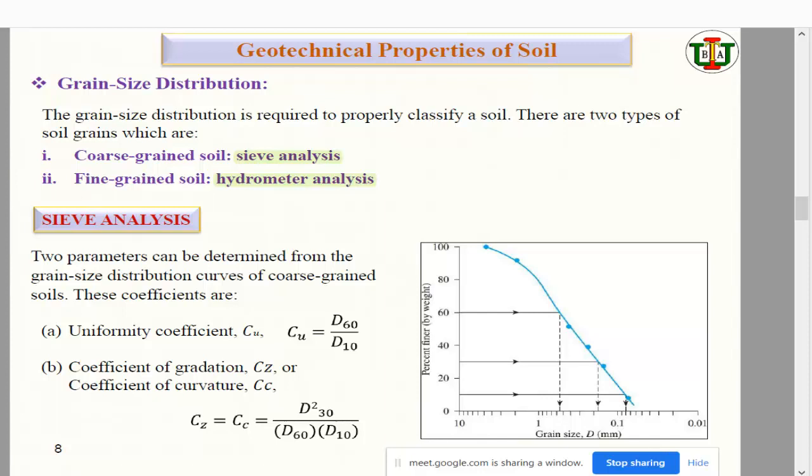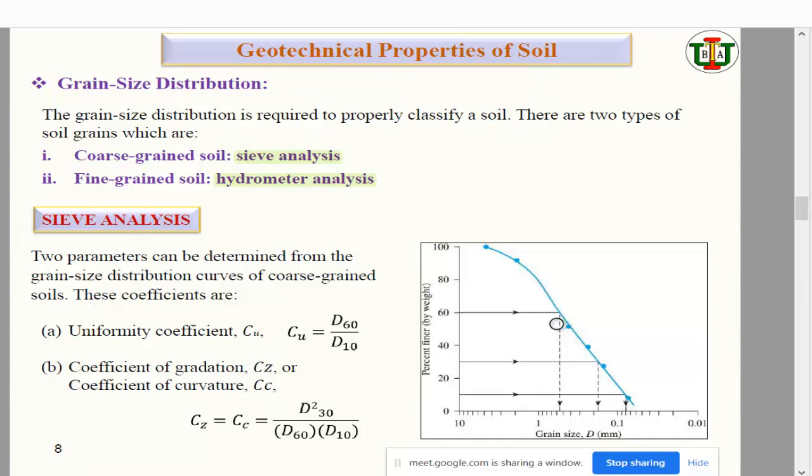So the diameter is not low, the diameter is small, right? Yes, sir. So the particle size is very small, so that's why we cannot do the sieve analysis, and we go with the hydrometer. Okay, very good. So I got the answer.